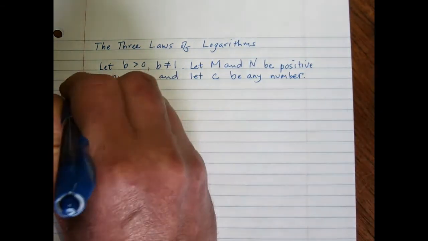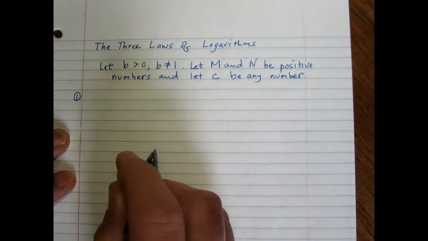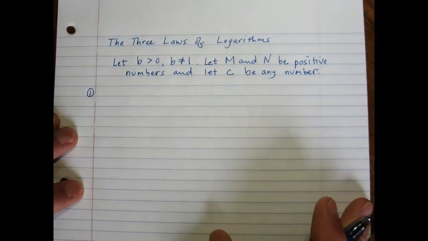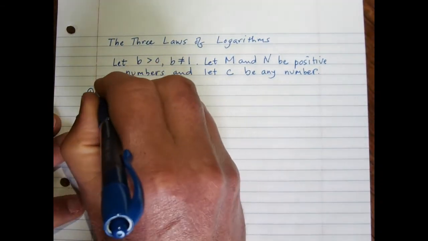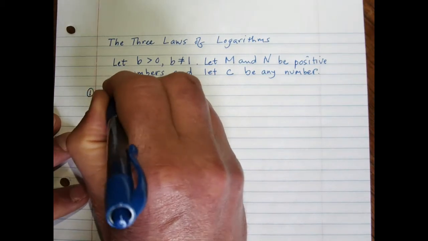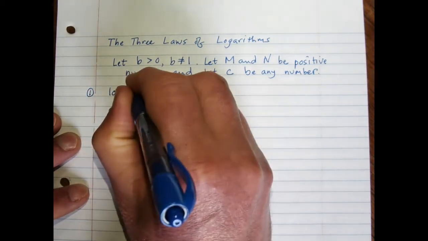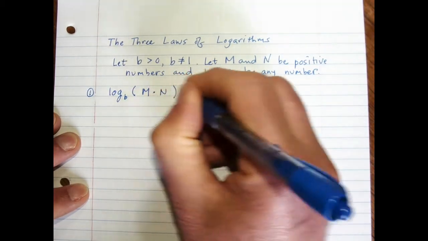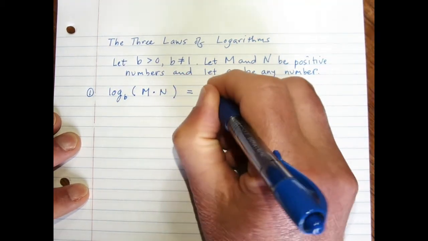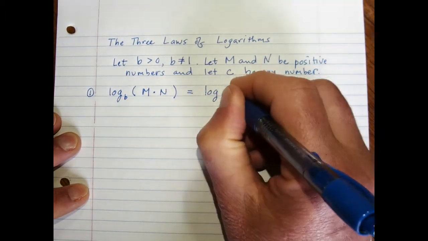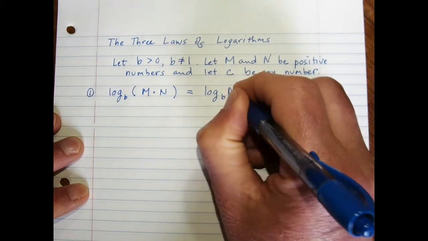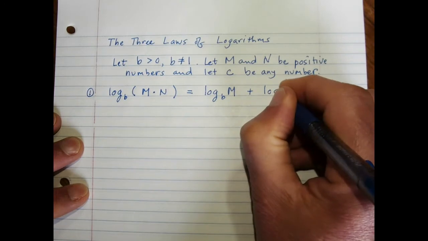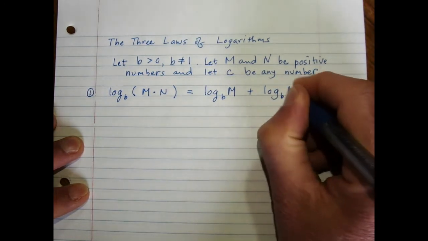And now here's the first law of logarithms. Log base b of m times n is equal to log base b of m plus log base b of n.